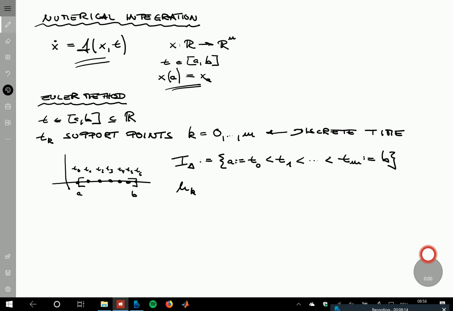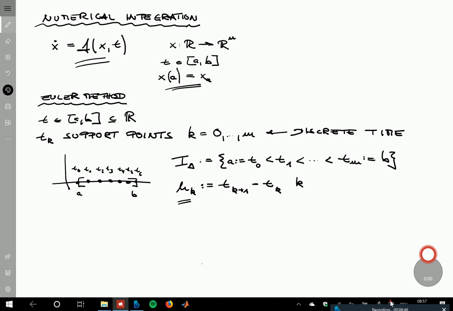So we define the distance between two time points, hk, that's an h, to be tk plus 1 minus tk. This is just the distance, and it can still vary depending on k, but we assume that it doesn't vary.